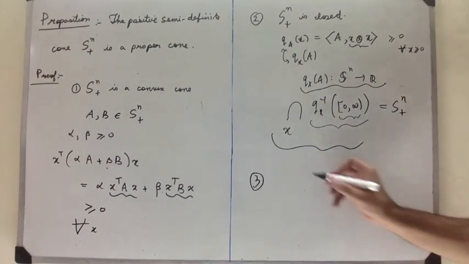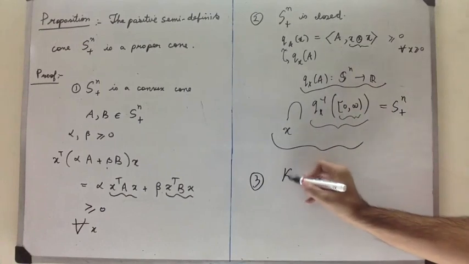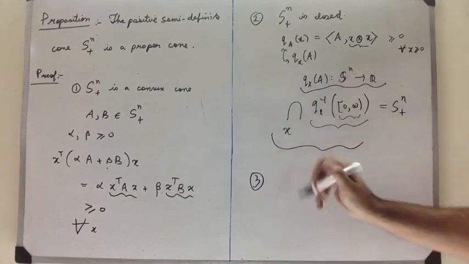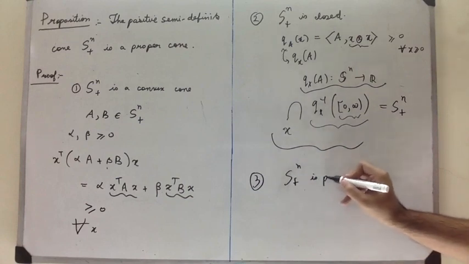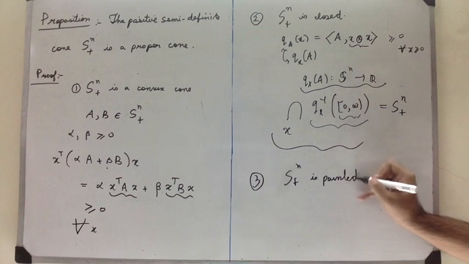The third is the property that K is pointed. I mean, S^n_+ is pointed. This is very simple.